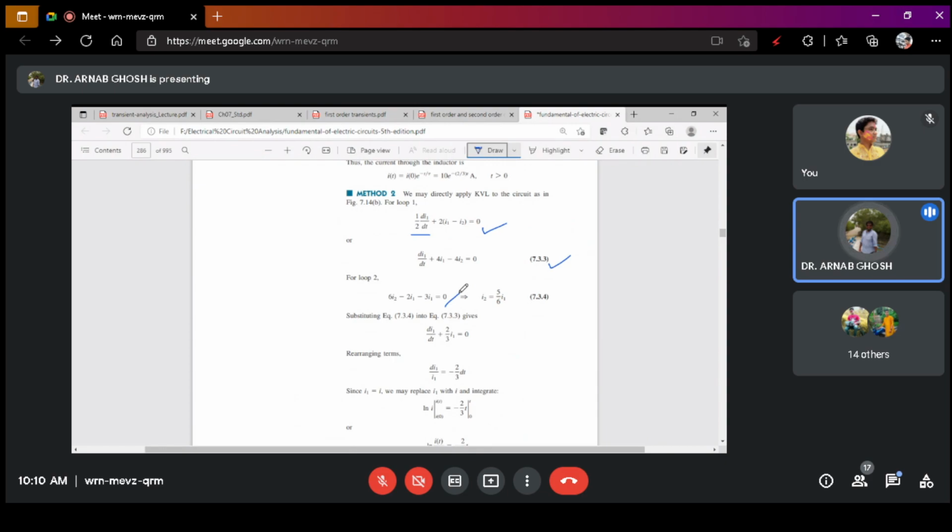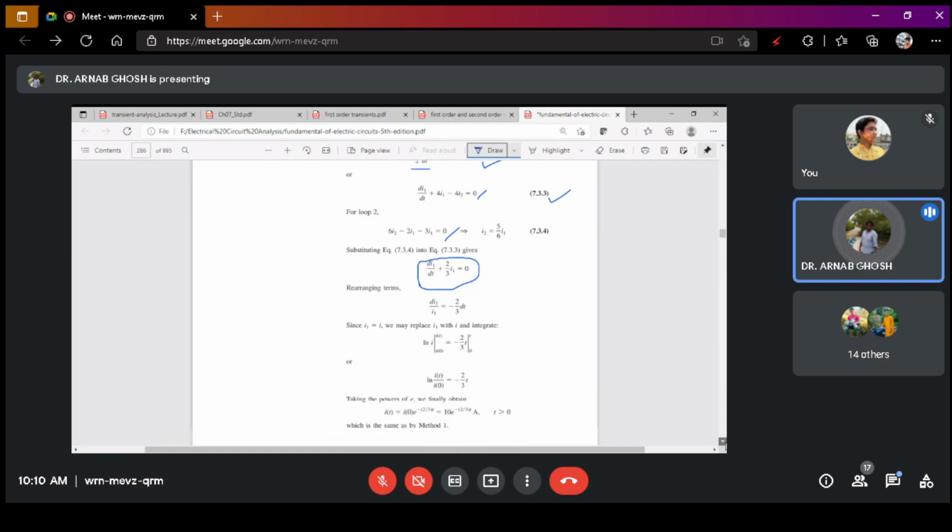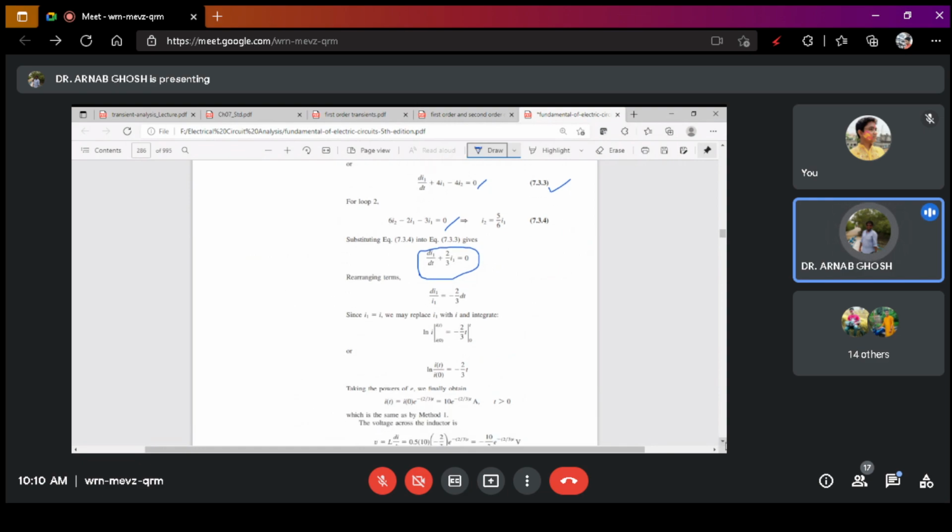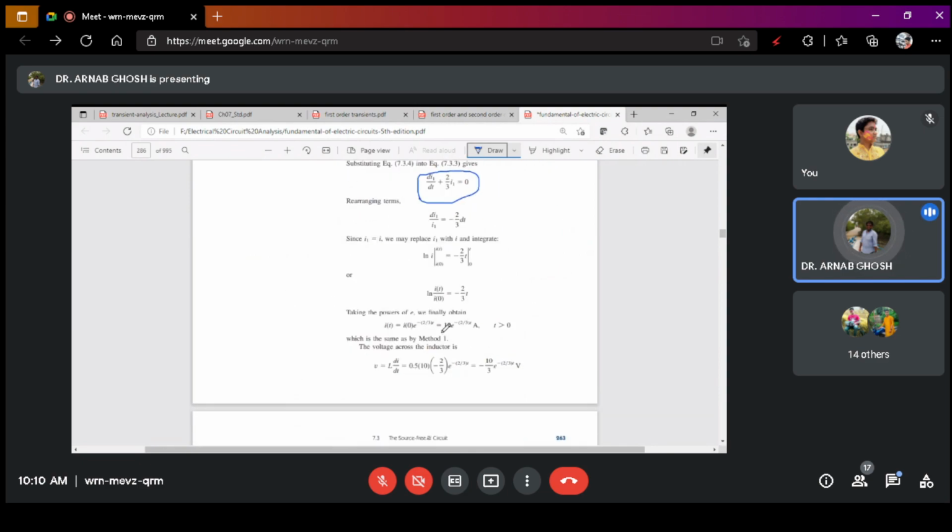Clear? So we are putting this value, I2 equals 5 by 6 I1, in this equation and we are getting the expression di1 by dt plus 2 by 3 I1 is equal to 0. Now you just carry out the integration. I0 you know to be 10, and you are getting the value as 10 e to the power minus 2 by 3 t ampere.